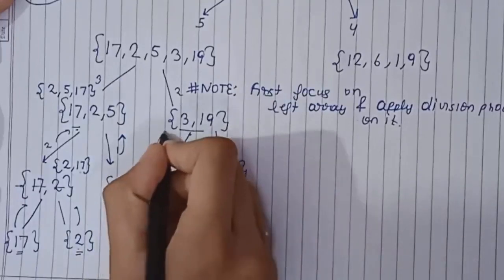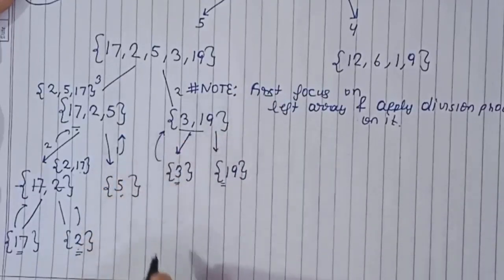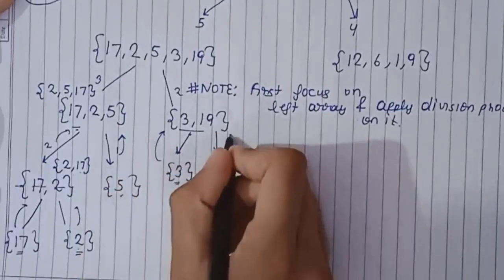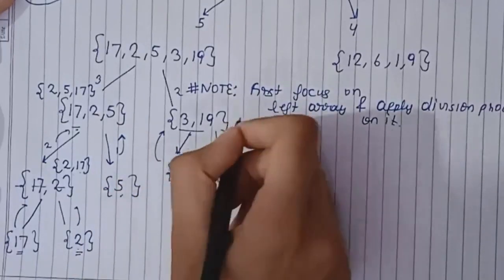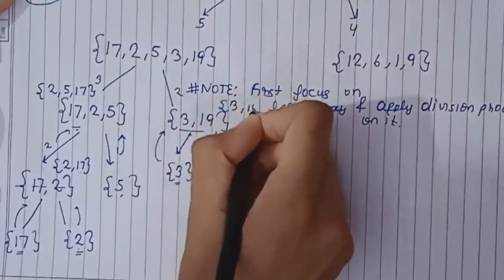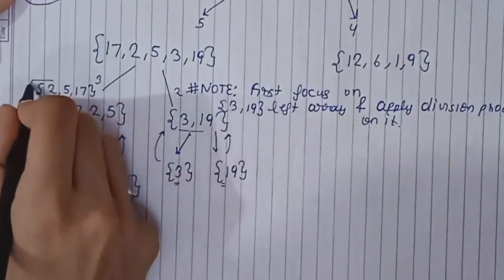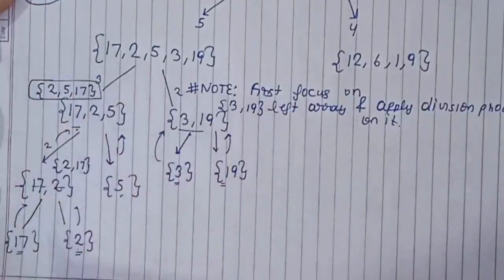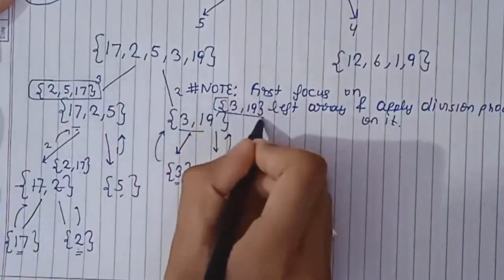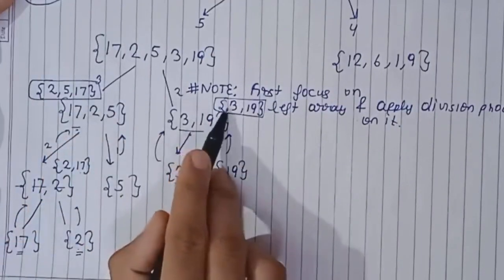Now the merge procedure enters into the game and forms a sorted array out of them, which will be 3, 19. Now at this step you can note that this is a sorted array and this is a sorted array. Now you have got two sorted arrays.